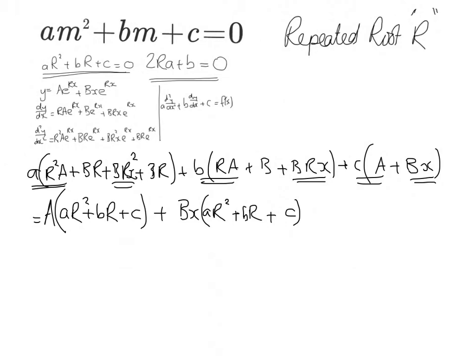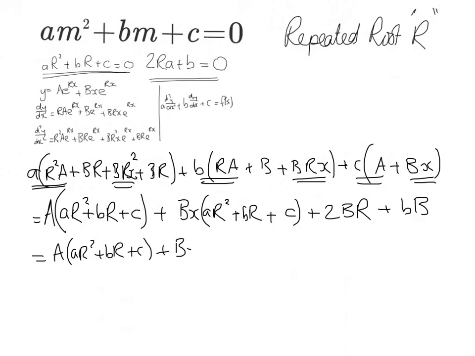Great. Right, what else is there that I haven't included? We've got 2br from that first term, and we've got b from that second term, and that's it. So this is ar squared plus br plus c plus bx ar squared plus br plus c.